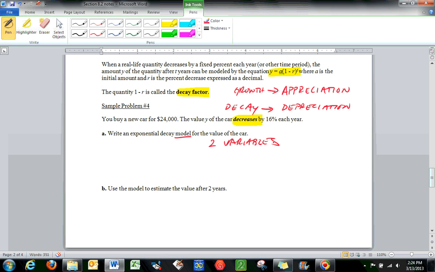I'm going to start here with part A, so we need a model to work with. So we're going to start our model using y equals a times (1 minus r) to the t power. So we have to come up with values of the a and the r. And so the a is our initial amount, so that's $24,000 as given in the problem.